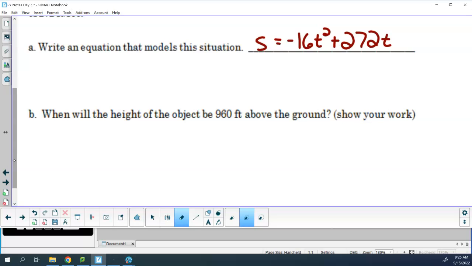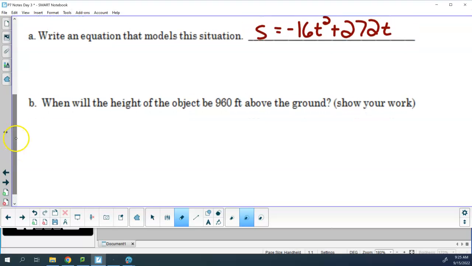Where S is? Yep, exactly. I'm going to substitute 960 for S.